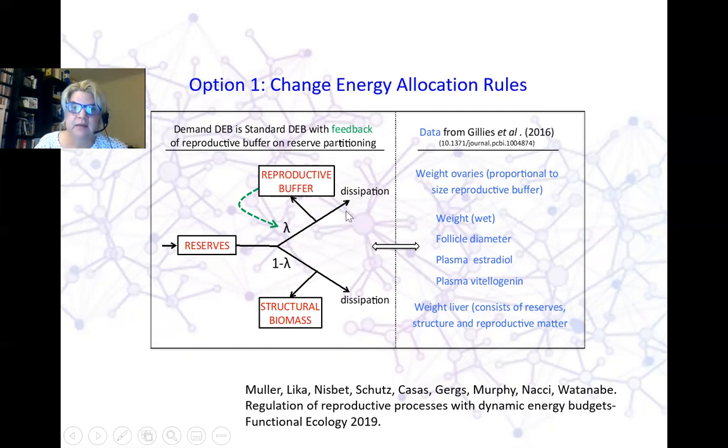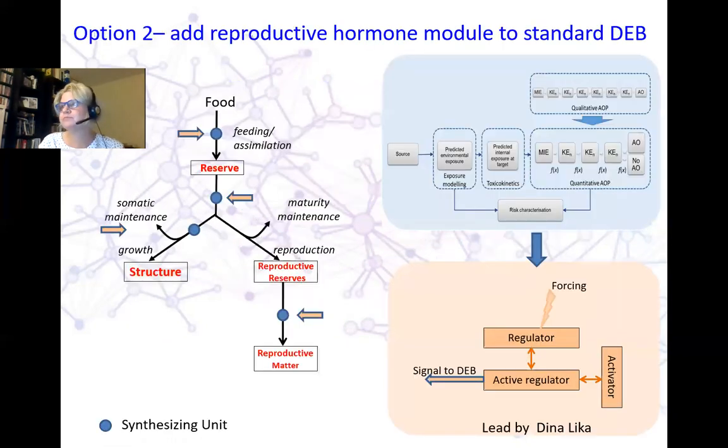Basically you have a demand DEB, so you have a feedback of the reproductive buffer on the reserve partitioning. And it seemed to predict the empirical data quite well, right? He's presented on that before, so I will let you read up on that if you haven't read about it yet or heard about it.